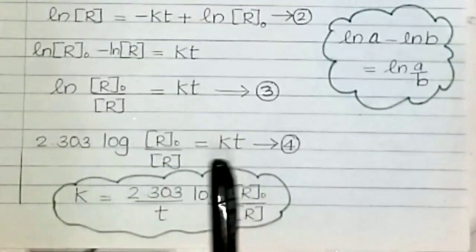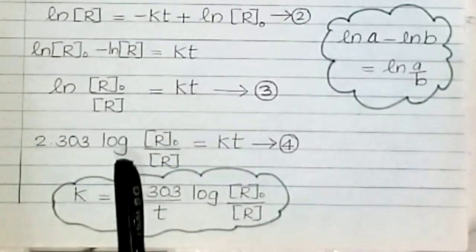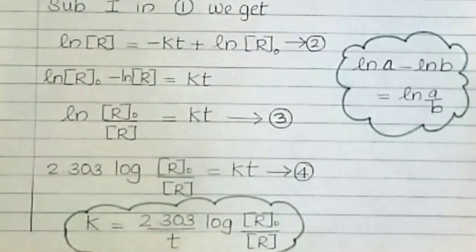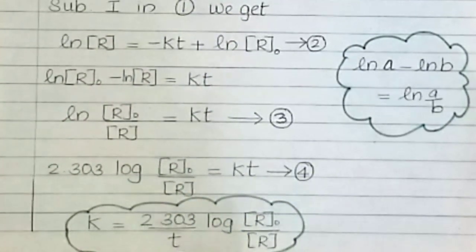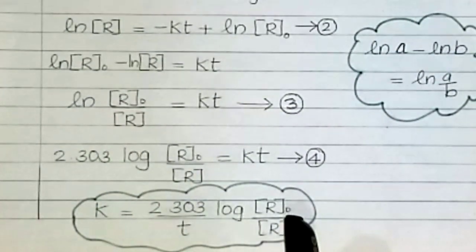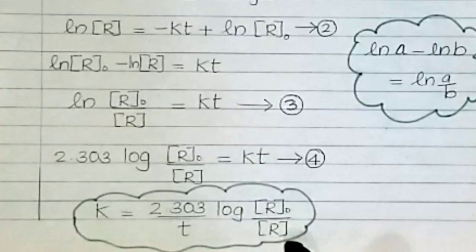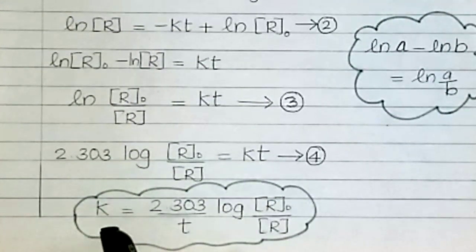From this we can write k = (2.303/t) log([R]0/[R]). This is the equation for the rate constant of a first order reaction, where [R]0 is the initial concentration and [R] is the concentration at a particular time t. k is the rate constant.